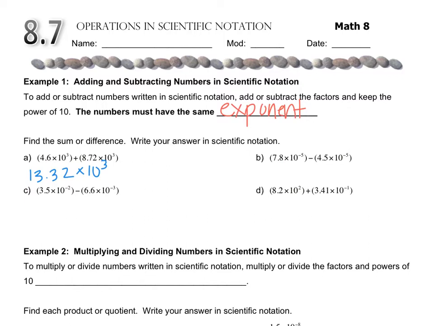So let's rewrite that as 1.332. Now, when we change the decimal, the exponent is obviously going to change. So let's think about it. Right now, as it is, this exponent tells me to move this decimal 3 places to the right.